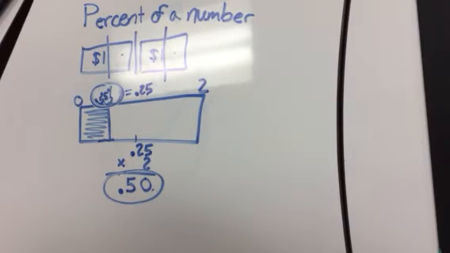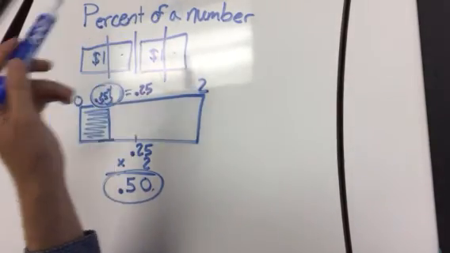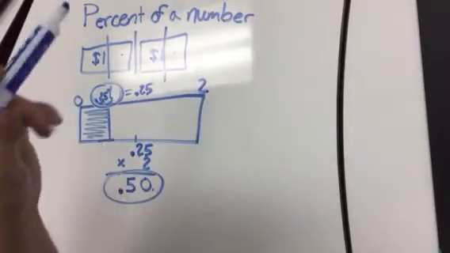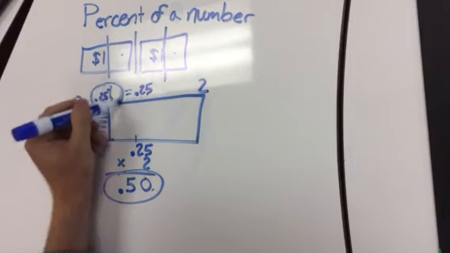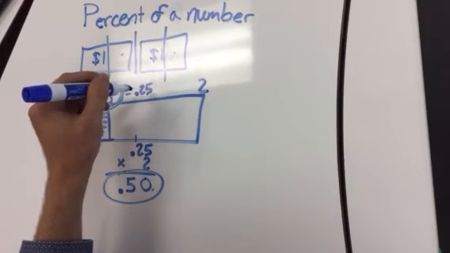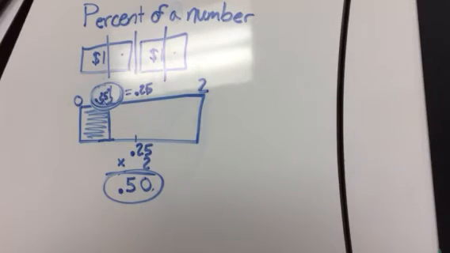Okay? When you see a question that says percent of something, percent of 2, percent of 500, percent of 5 million, it doesn't matter. You're going to take that percent, convert it into a decimal, and then multiply that decimal by your total number. Okay?